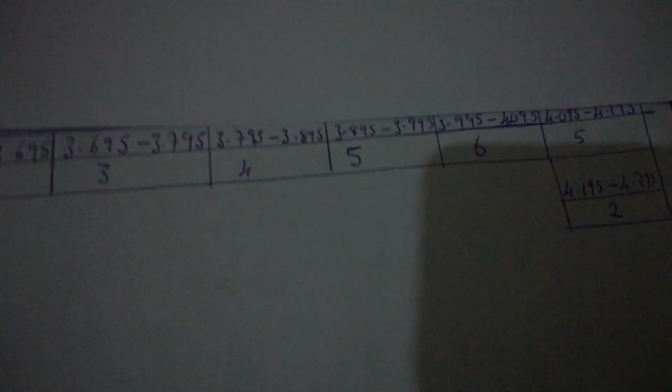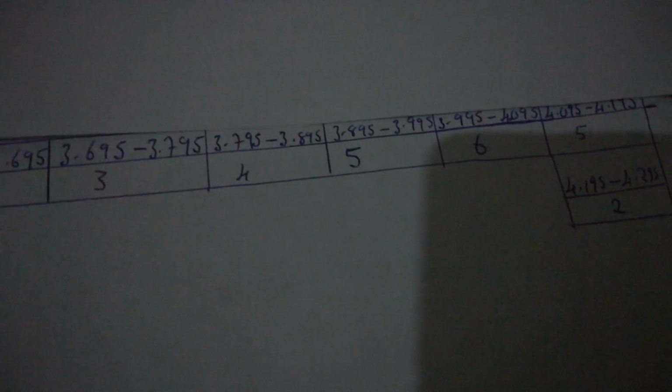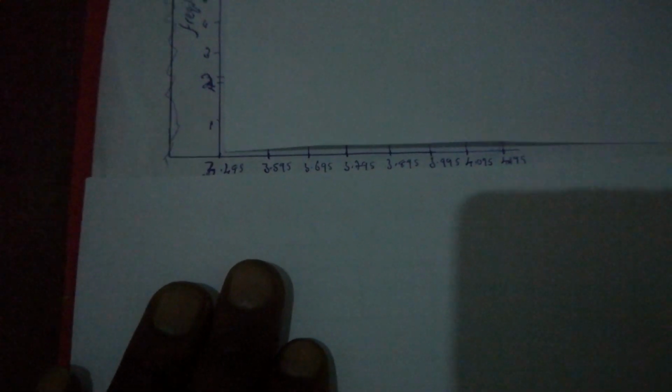Since we have these values here, you can put your values on the x-axis and the y-axis. The frequency will be on the y-axis, then you have your hourly wage on the x-axis.